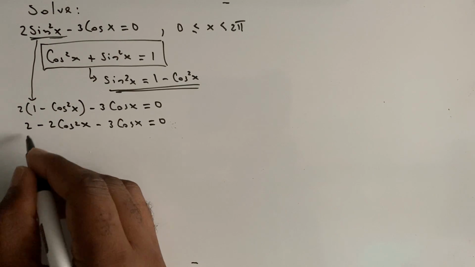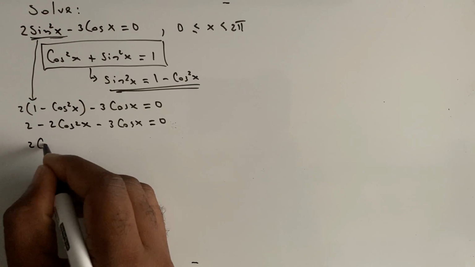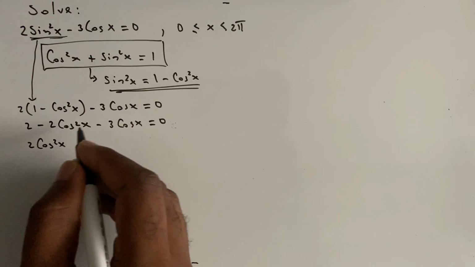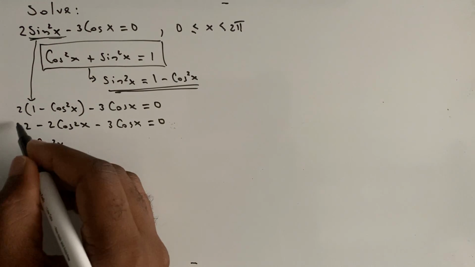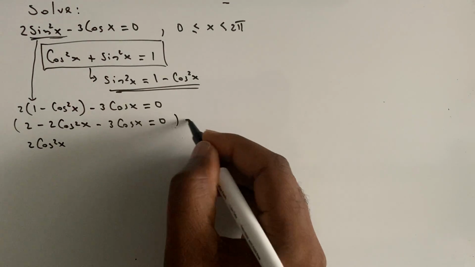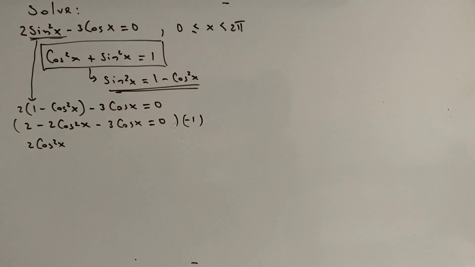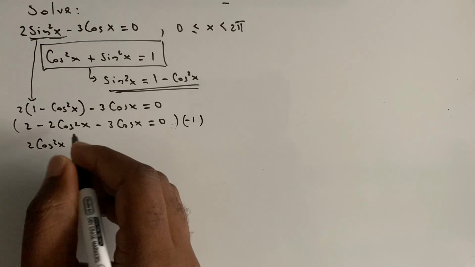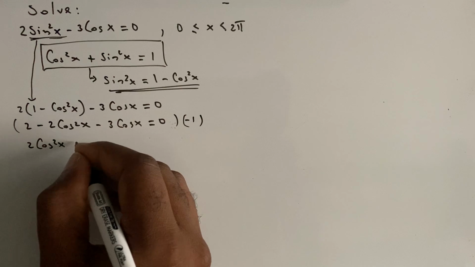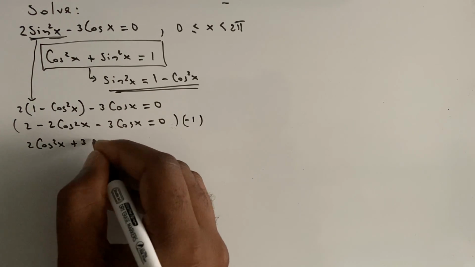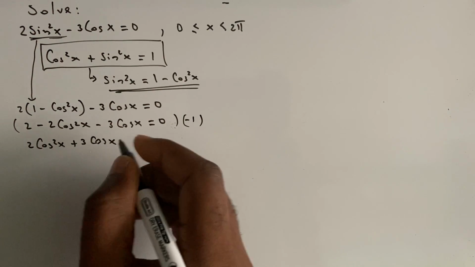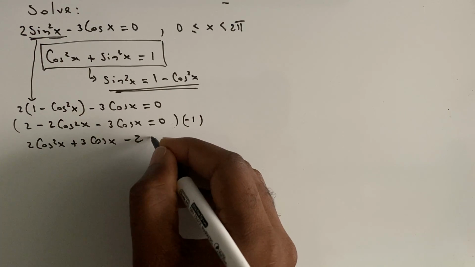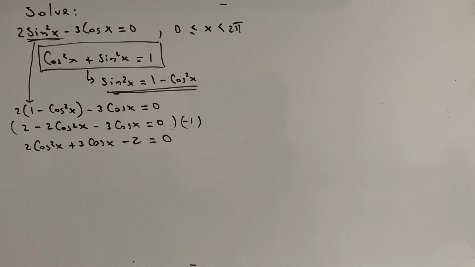Doing that, I would get positive 2 cosine squared x, because it becomes positive when I multiply by a negative 1. Then I have positive 2 cosine squared x and positive 3 cosine x minus 2 equals 0.